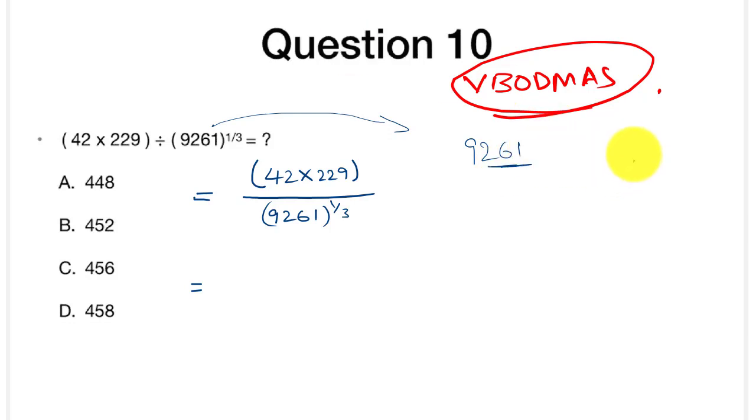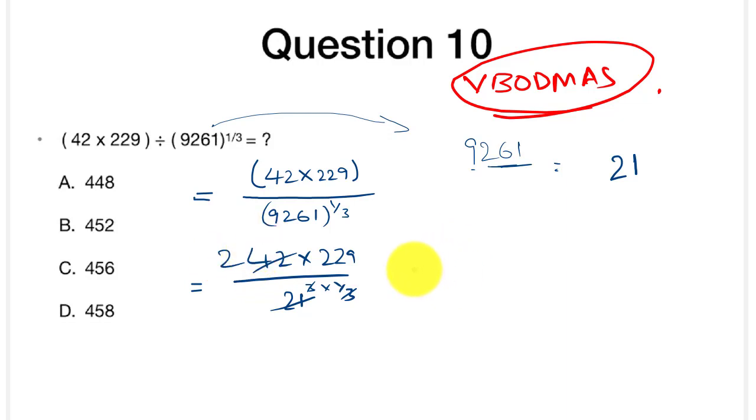The base will be 1, and then the nearest cube to 9 is 2 cubed, which is 8, so it will be 21. So 42 into 229 by 21 cubed into 1/3; the 3 cancels, and 21 ones are 21, 21 twos are 42, and 229 twos is 458 and so on. So it is 258. So it is option D.